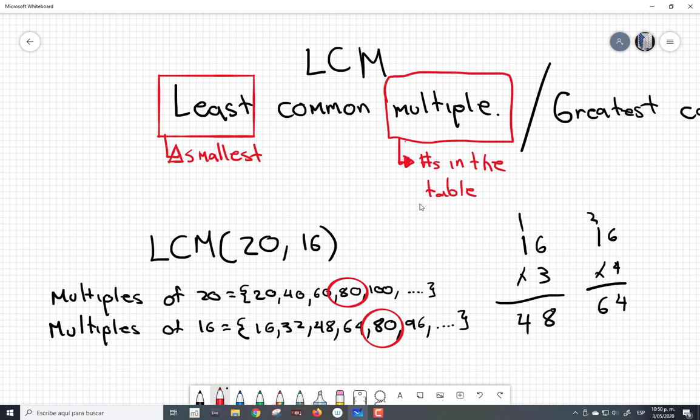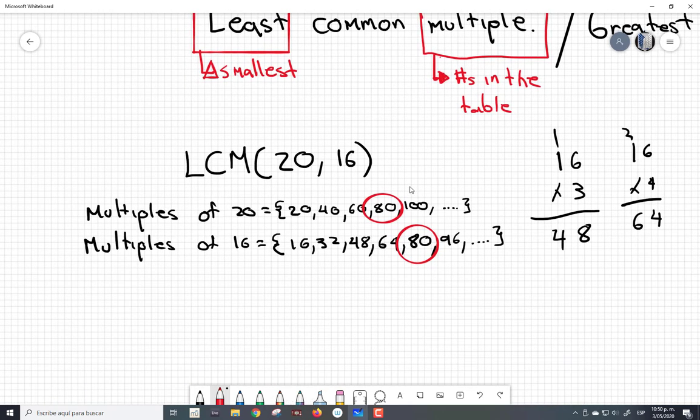So it means that the least common multiple of 16 and 20 is 80, because it's the smallest number that these two lists of multiples have in common. If you continue with both lists, you will probably find more numbers in common, but the first one that appears is the 80. So that is how you find it.